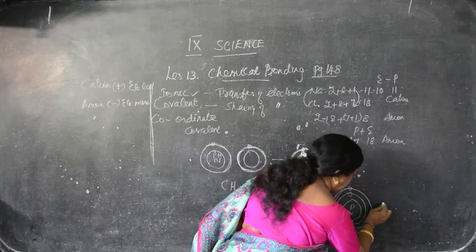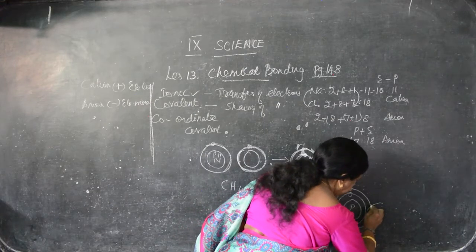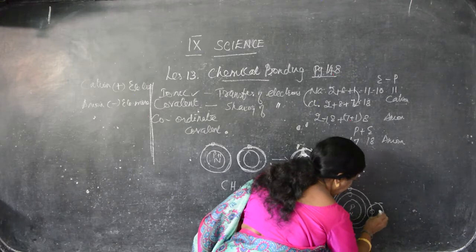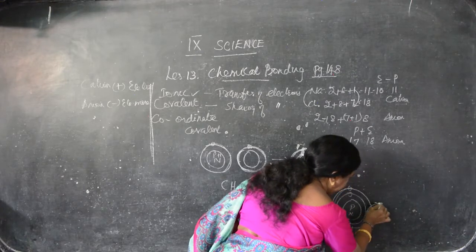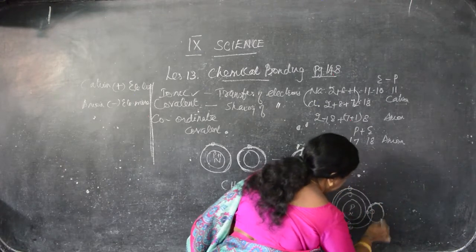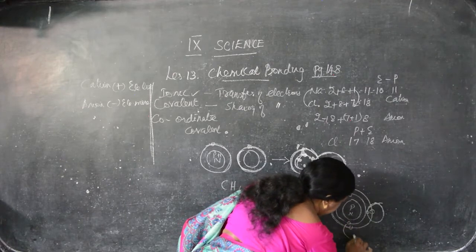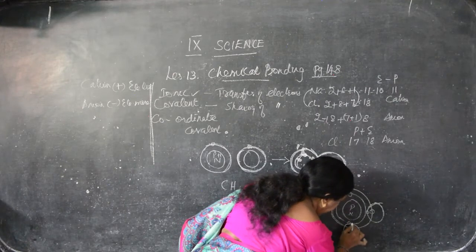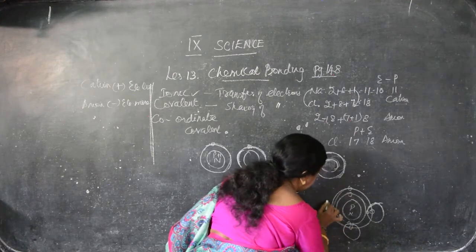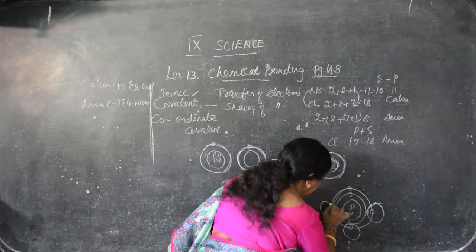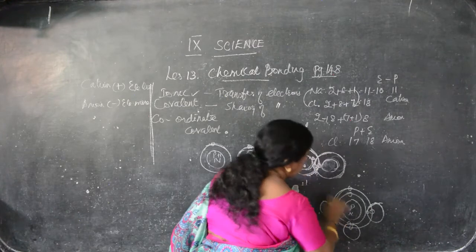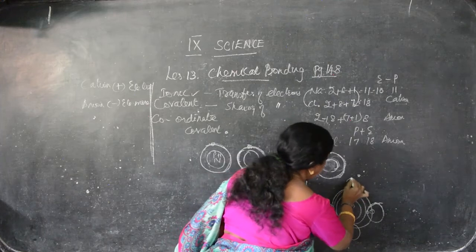Here one hydrogen atom combines with that, so this electron will be here. Here another hydrogen atom combines, and like that on 4 sides.